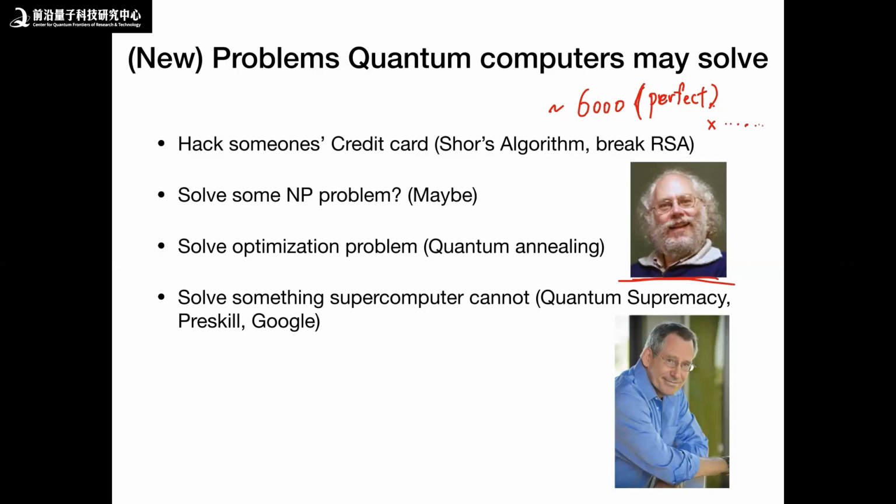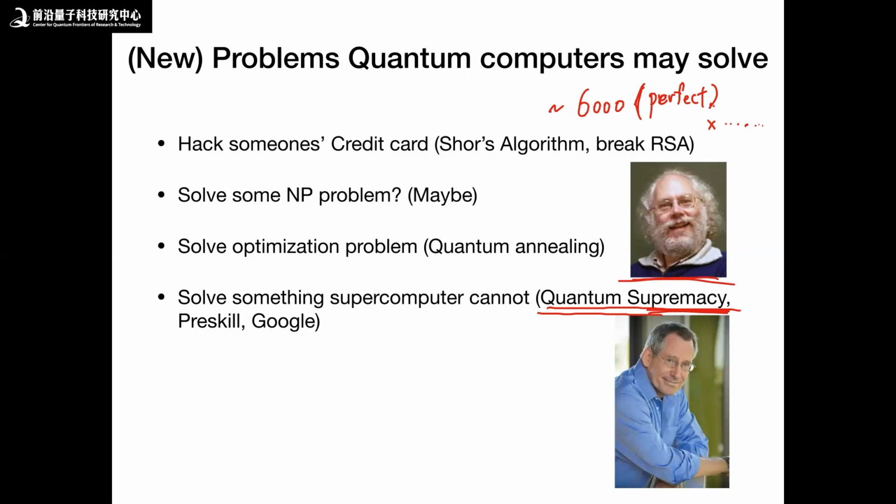And today, none of these are going to work, but people propose that we can try to solve something that at least a supercomputer cannot. This terminology, quantum supremacy, is just to justify that quantum computers might actually do something. This term was coined by Preskill right there.